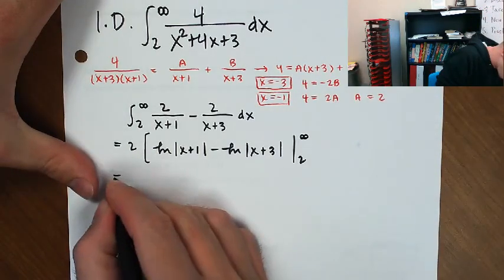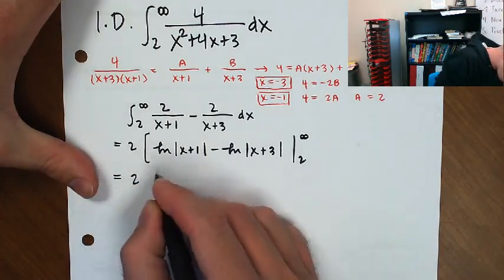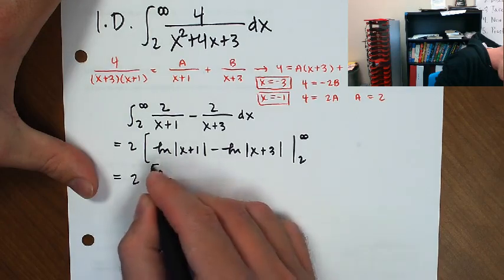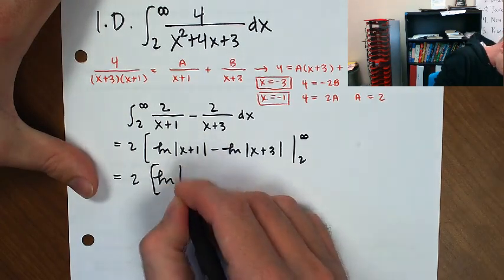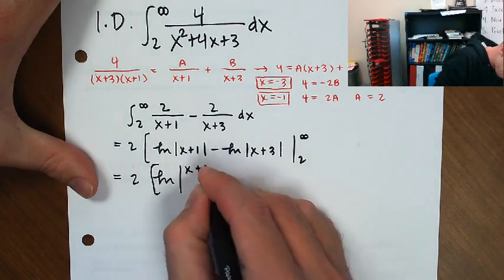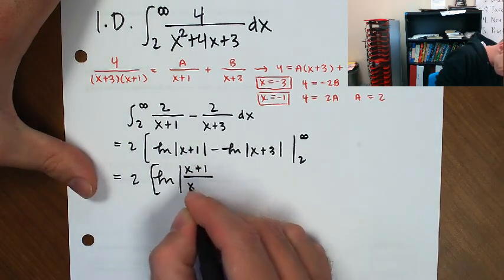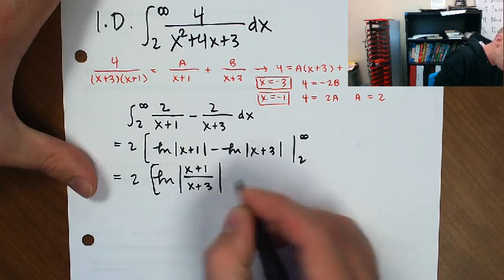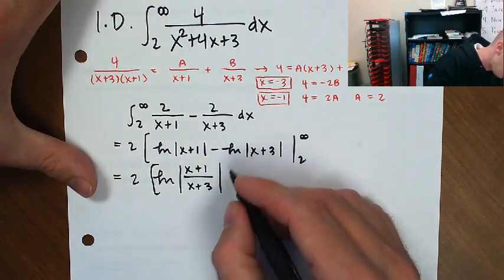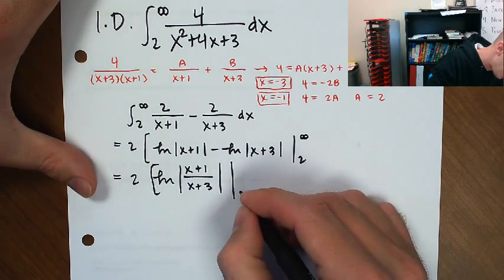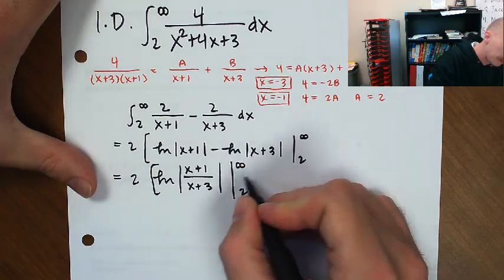And I'll say that's equal to 2 times the natural log of x plus 1 over x plus 3's absolute value. Now, the absolute value won't really matter because I'm over here where x is definitely positive. But I'll do that as x runs from 2 up to infinity.